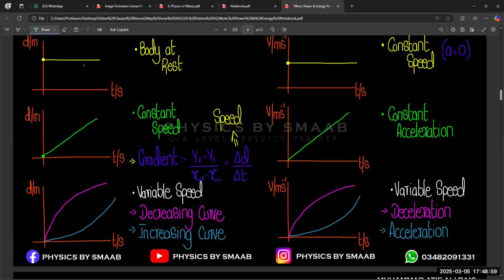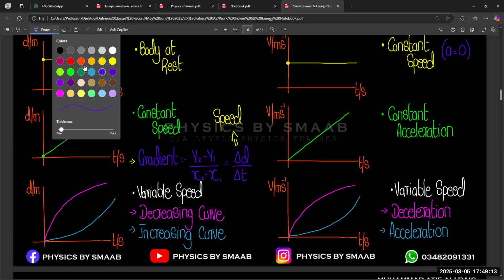And one more thing, in a speed time graph, we can use the gradient and the area of the graph to find two more unknown quantities. For example, as we already discussed, acceleration can be found with the help of the gradient.